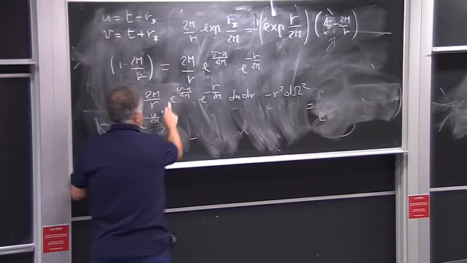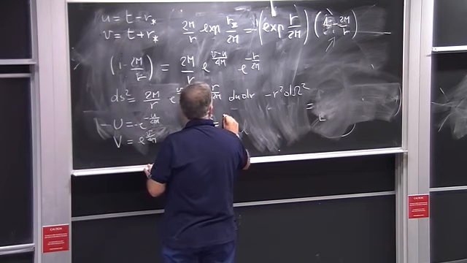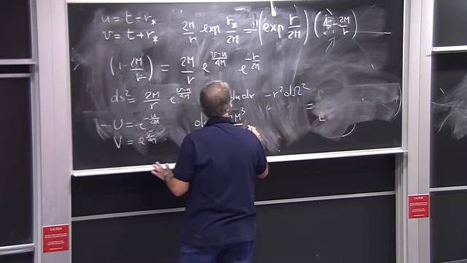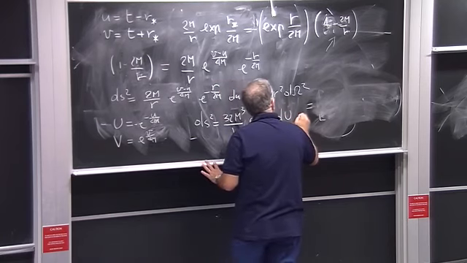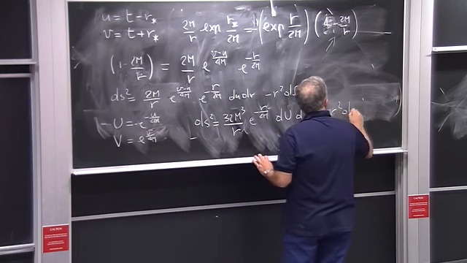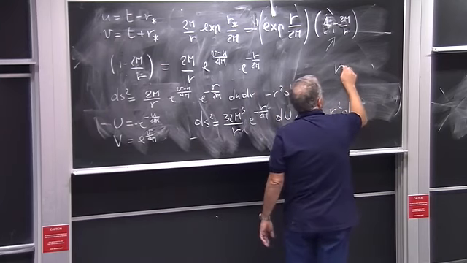If you do this, this metric becomes 32 m cubed over r, e to the minus r over 2m, dU dV minus r squared d omega squared, where r is intended to be a function of U and V.